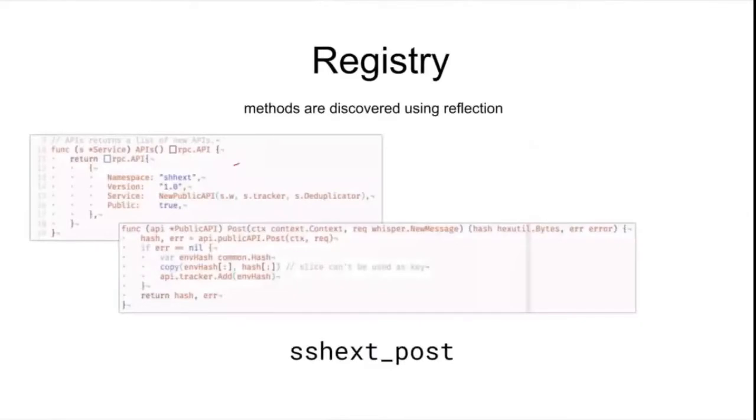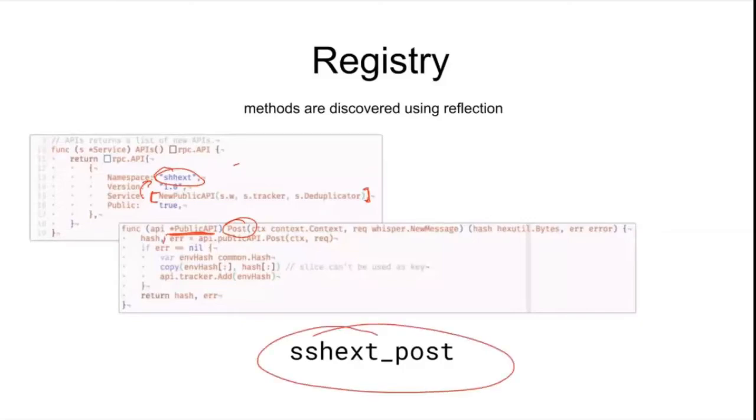So if you have an API with SHHEXT somewhere, and it has this API object that is registered under this name, and this API object has a post method, that means that when the node is launching, it will go through all the registered services and figure out, oh, this service has this name. So it will create this name for it, register it somewhere, and make it available.